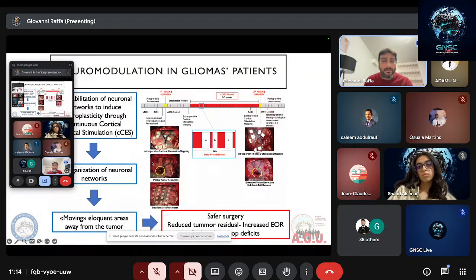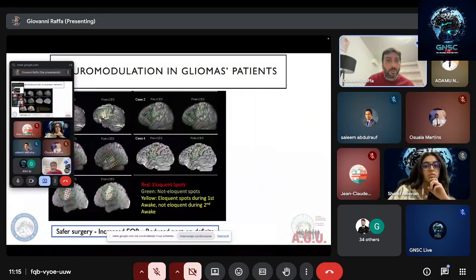So they left some remnants, some residual tissue of the glioma, and then they put a subdural grid and started stimulating the cortical areas with the subdural grid for 2-3 weeks. Then they performed the second awake surgery. They found that those areas that were eloquent during the first surgery, after the neuromodulation performed using the subdural grid, were no longer eloquent, so they could be resected.